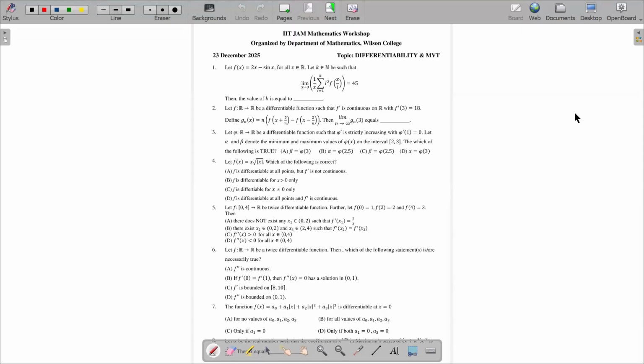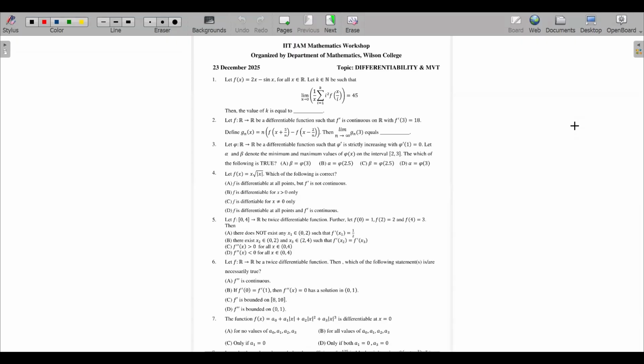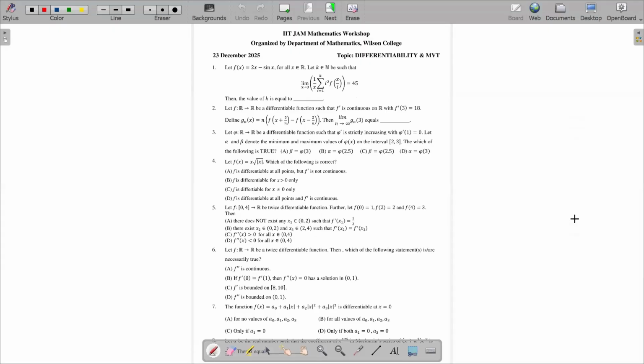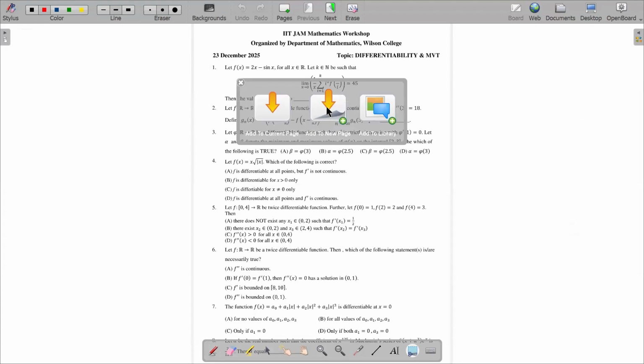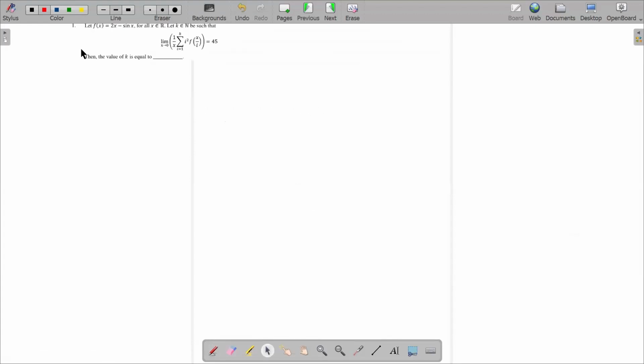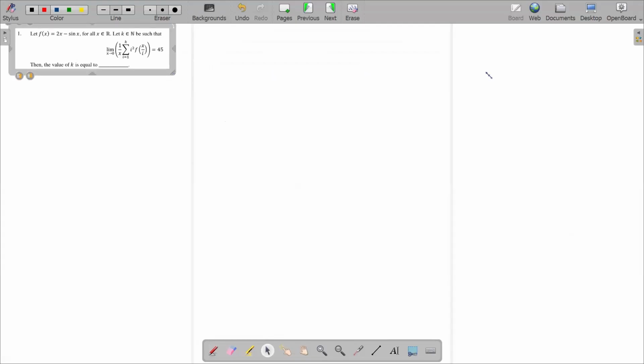Still, just to cross check. So, can you see the first problem? Same problem that is on the screen here.